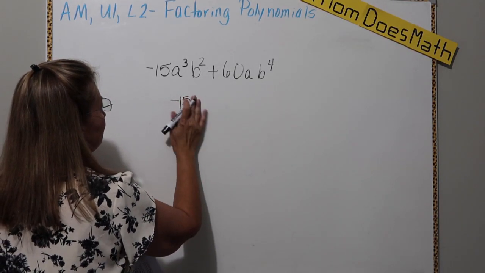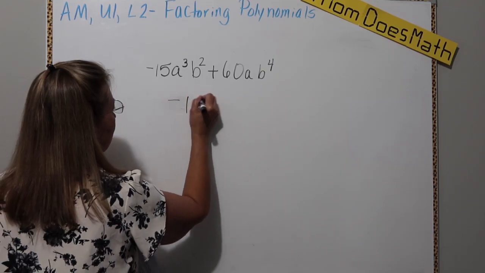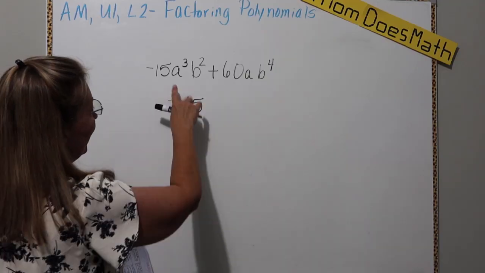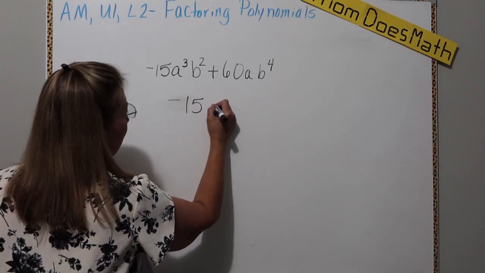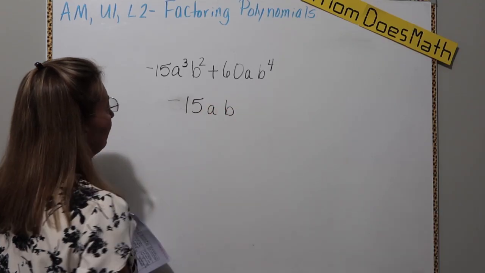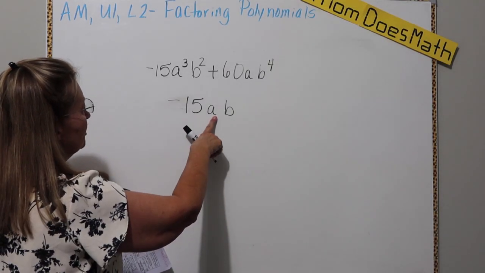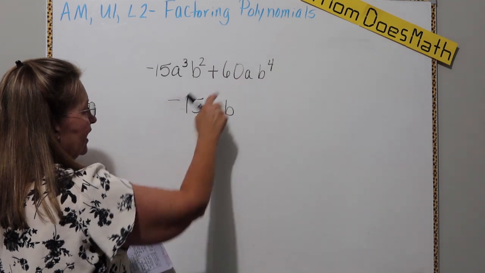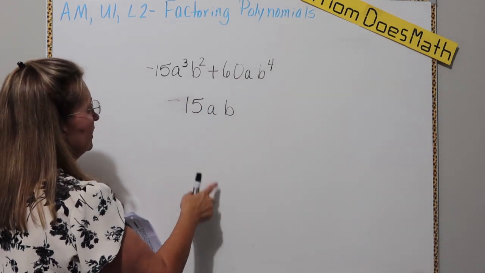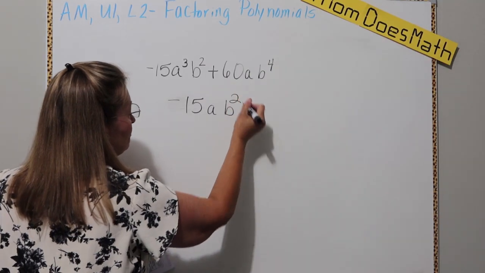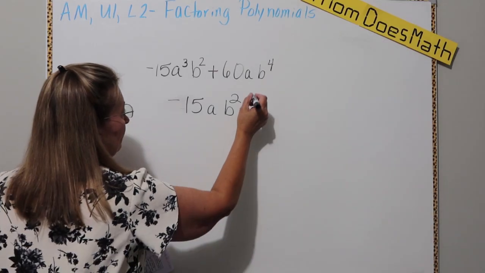So I'm going to factor out a negative 15. Now, let's look at our variables. We have a's and b's in both of them. Now let's go through and take the smallest exponent of each. The smallest exponent of a that I have is this a right here. So I'm going to leave that. Now b, I have a b squared and a b to the 4th. So my smallest one is that b squared.